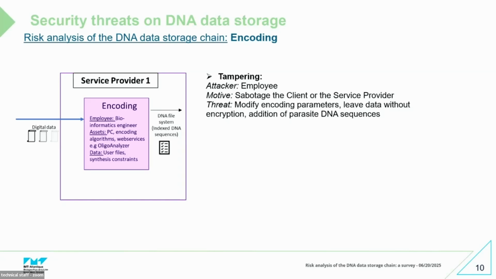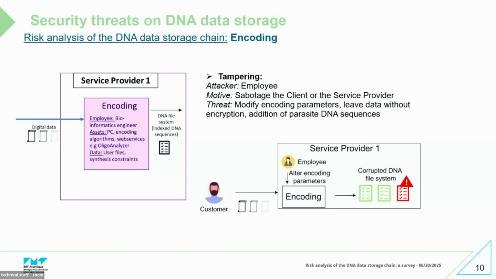So the employee can do a wide range of threats, altering encoding parameters, indexing parameters, adding parasitic DNA sequences. So here, the attacker takes advantage of his privileged access, and as DNA is a long-term storage medium, and DNA will only be read when needed, this attack can be detected very late, so have long-term consequences.